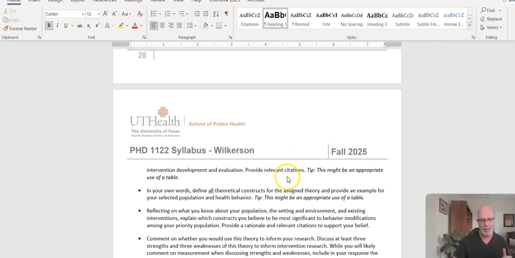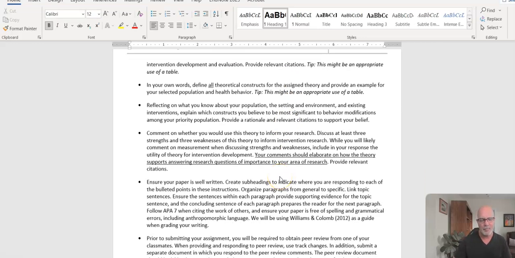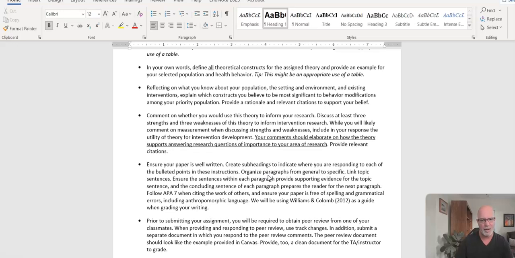Let me skip down to the most important piece that nearly everybody lost points on during this first round of papers. And that is down here. Reflecting on what you know about your population, the setting and the environment, and existing interventions, explains which constructs you believe to be most significant to behavior modification among your priority population. Provide a rationale and relevant citations.